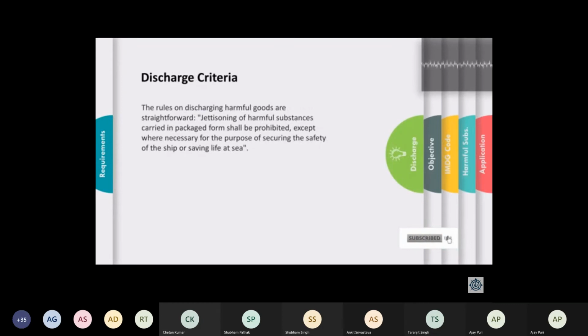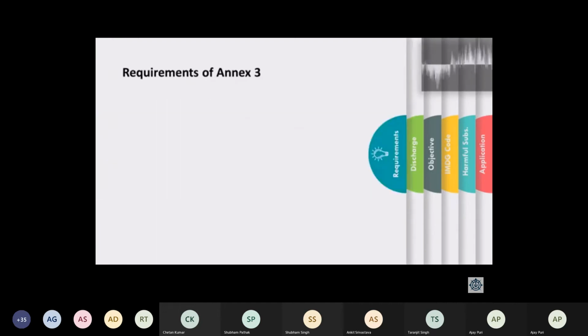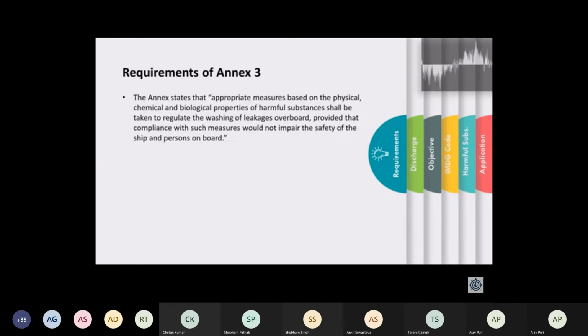Next is the discharge criteria. As per Annex 3, the rules on discharging harmful goods are straightforward. It is absolutely prohibited to discharge harmful substances into the sea, except where there is a grave or imminent danger to the vessel or life of a person. Now let's have a look at the requirements of Annex 3.